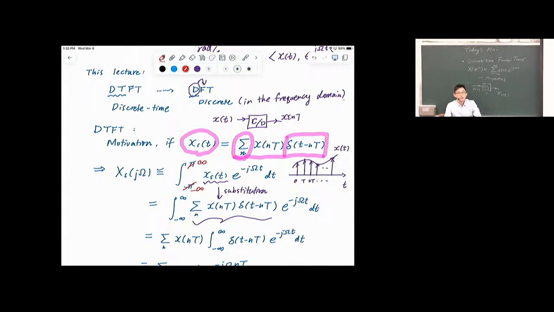Sorry for the mistake, but I'm glad I found it. So after substitution and correctly setting the range of integration, the interval of integration is from minus infinity to infinity in time. This is the integral with respect to time. What's next?